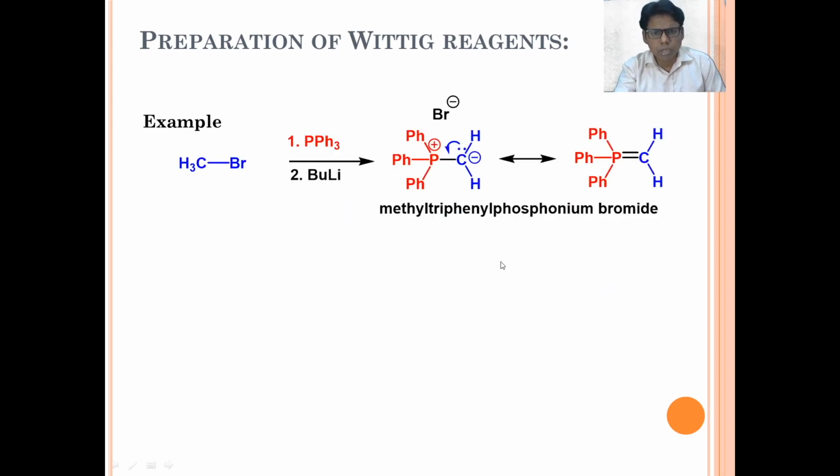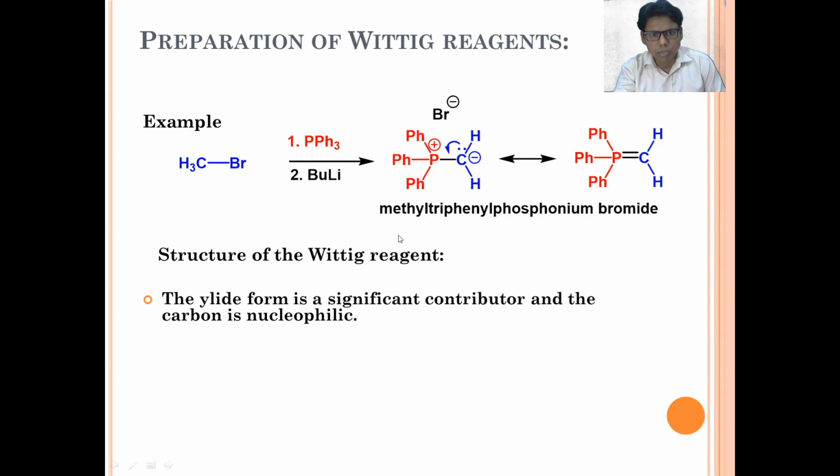Now for this ylide formed, for example, if it is methyl, it is called methyl triphenyl phosphonium bromide, if it is bromide group. So this gets itself stabilized. In general the ylide form is the major contributor because this carbon is nucleophilic in nature, which can attack other carbonyl carbon.